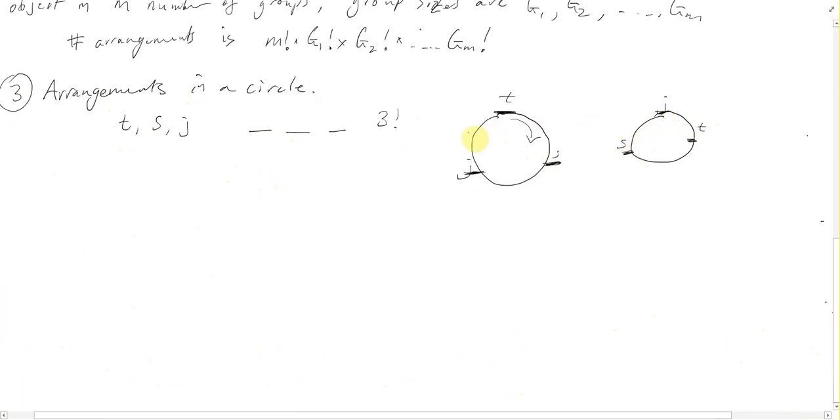So in order to get different arrangements, we need to lock someone in position. So we need to lock someone into this top position. Once they're locked in, then it becomes like a line problem. So we can either have Josh and Sam in that way, or we could have the other option, swap them around. Now those are our only 2 options. So we only have 2 factorial ways to arrange this.